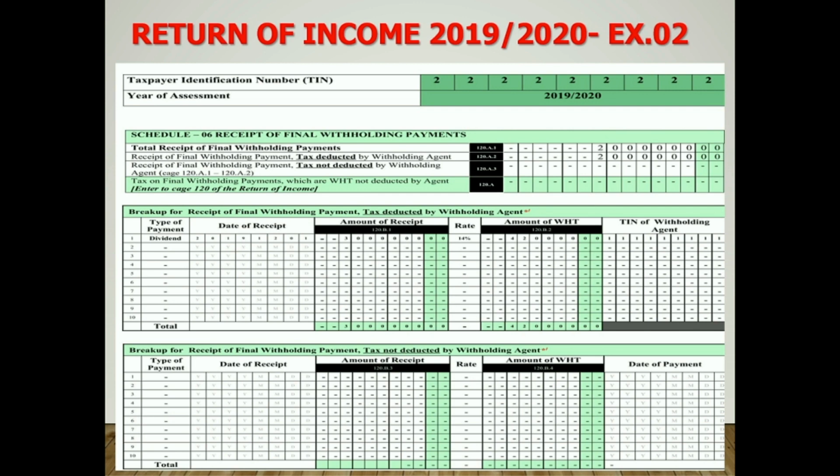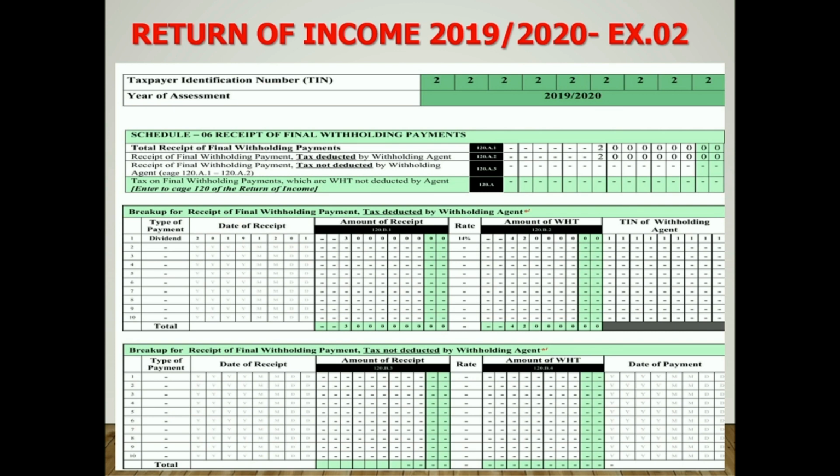Other than that, we have final withholding credit as well. Dividend income had withholding deducted during the first period. Since withholding tax has been deducted, you have to enter those details in subschedule 1, and here I have entered the details and declared the same.